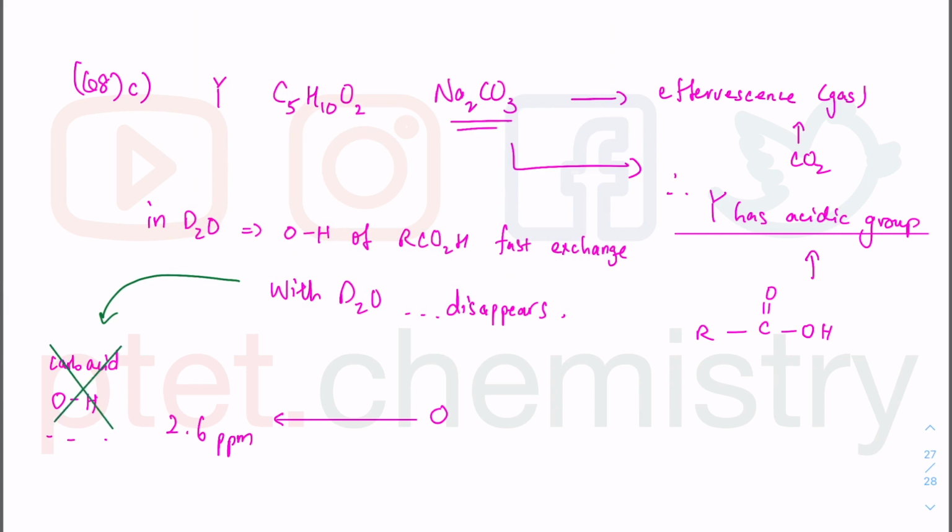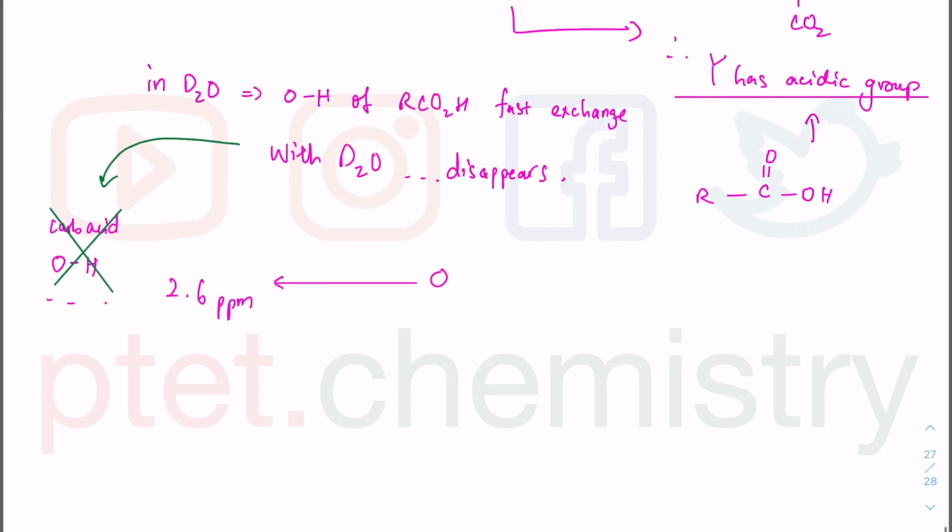So out of the 3 peaks, you have 5 carbons, and it has carboxylic acid. Looking at them, what do we see? We need to suggest a structure for it. So if we suggest a structure for it, it's a carboxylic acid.